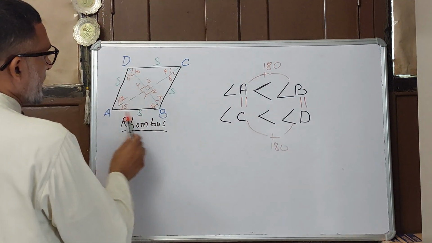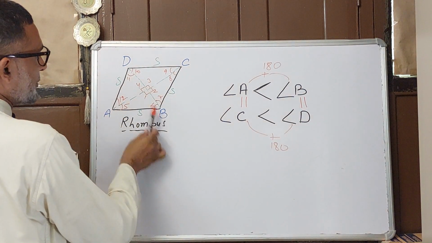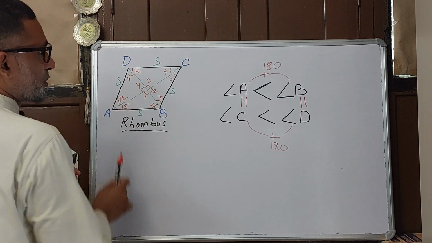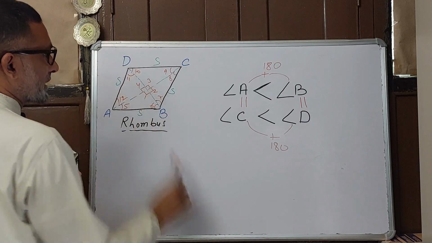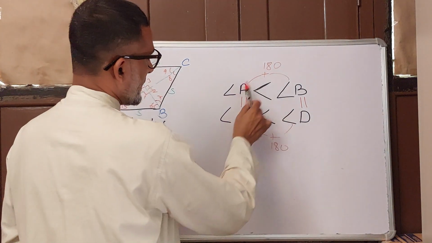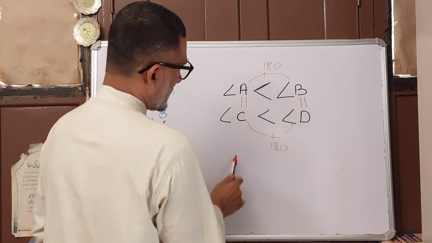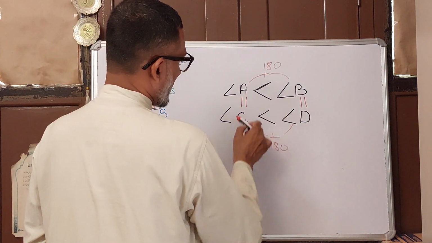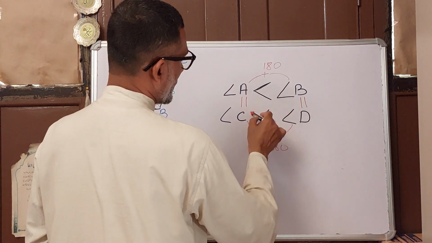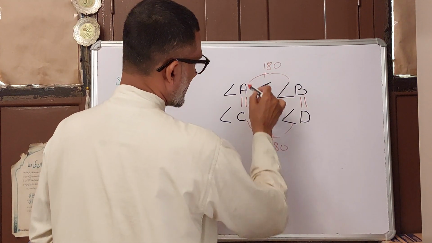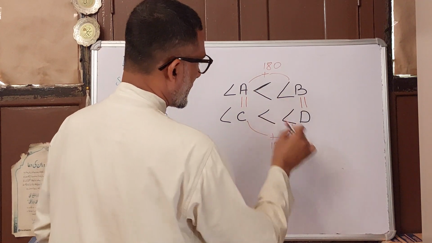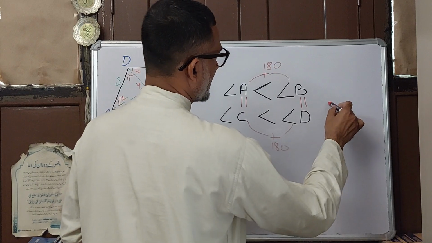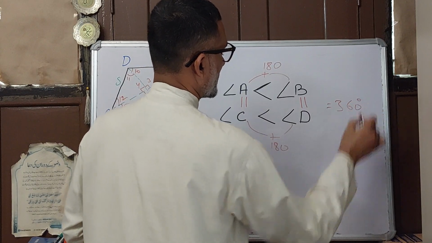Angle A is the same as angle C, angle B is the same as angle D, but B is greater and angle A is smaller. Like here, angle C is smaller and angle D is greater. So if angle A plus D is 180 and C plus D is 180, then by adding all together we know it is always 360.